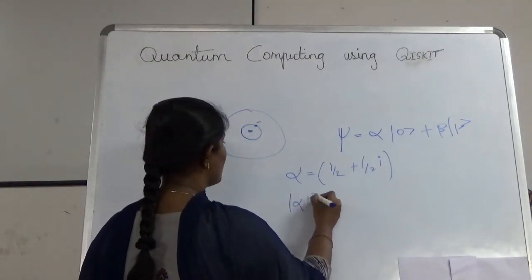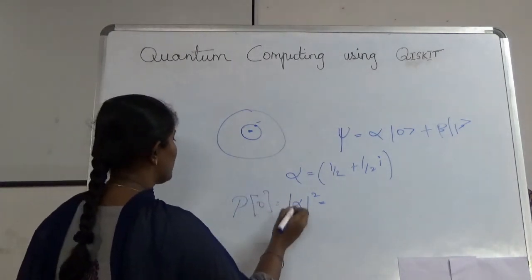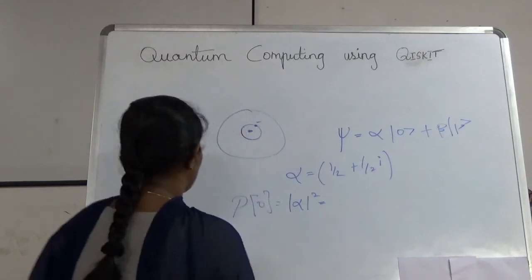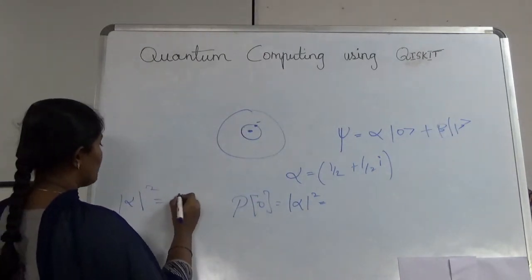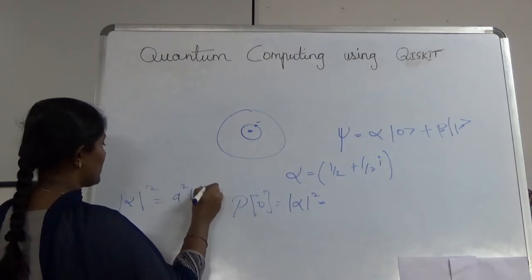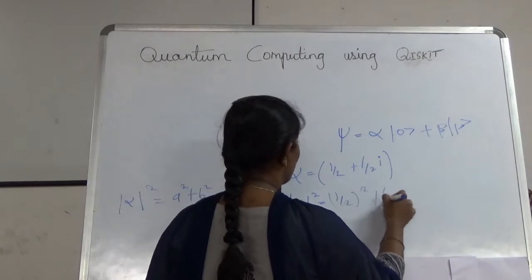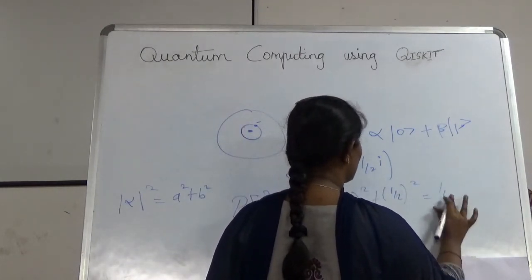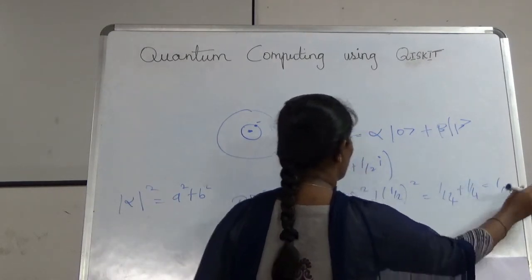the magnitude of which gives the probability of being in that state, where the magnitude of alpha squared is equal to a squared plus b squared. So here 1 by 2 the whole squared plus 1 by 2 the whole squared is equal to 1 by 4 plus 1 by 4, which is equal to 1 by 2.